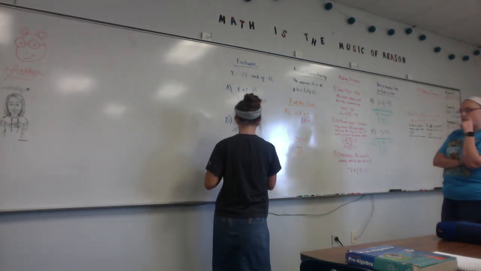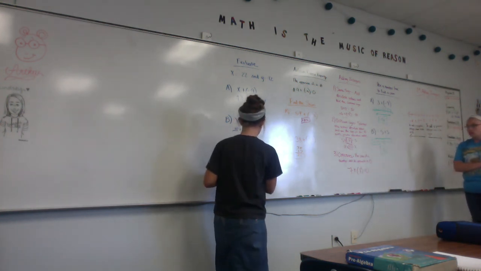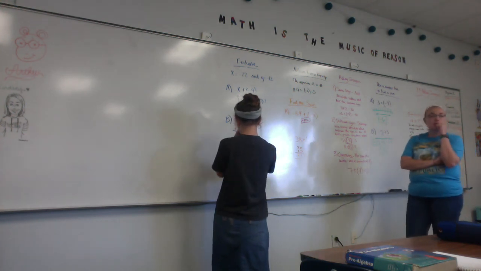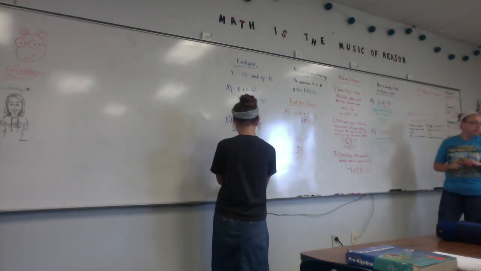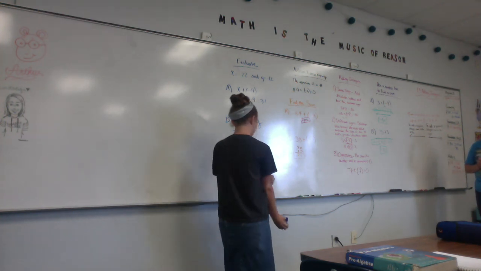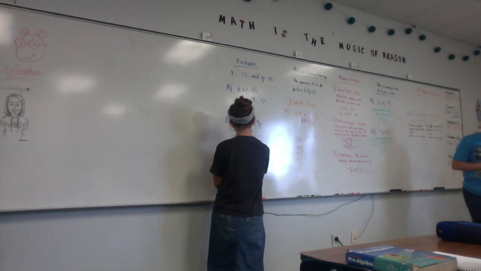So what do you want to do now? Add the 22 and 17. Okay, do it. What's negative 22 plus 17? And then what's negative 5 and negative 12 together?